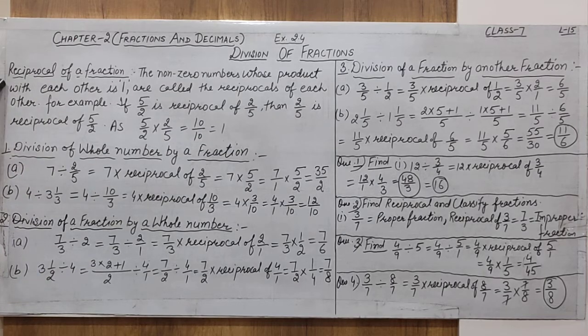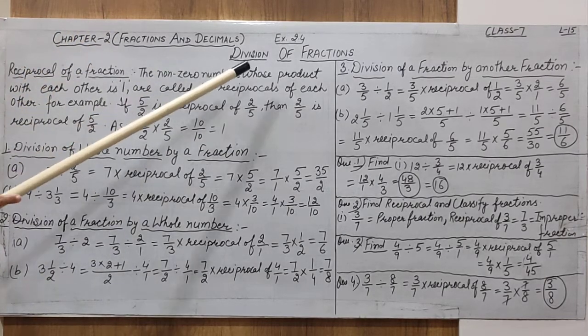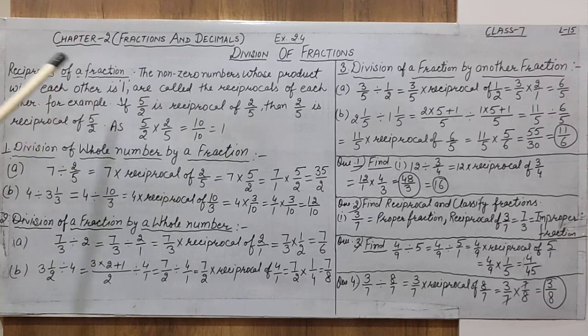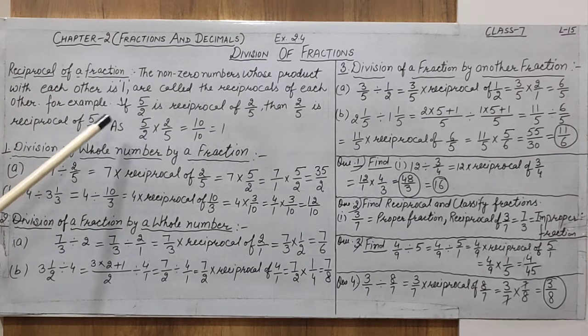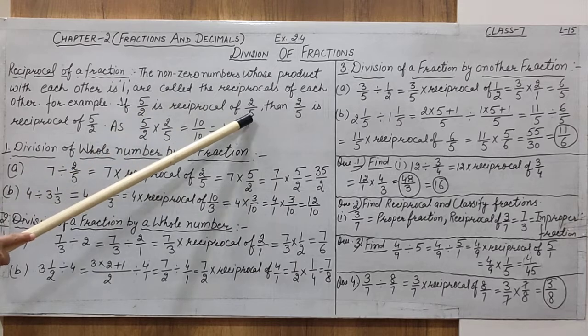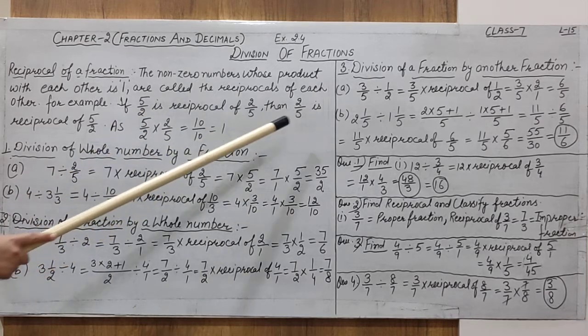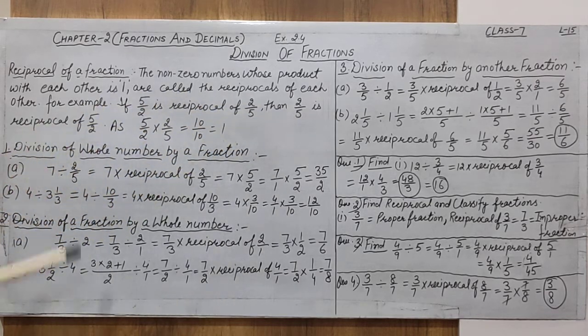But by the definition, only if the non-zero numbers have a product of 1 with each other are they reciprocals of each other. In this example, it is said that 5 by 2 is the reciprocal of 2 by 5 and 2 by 5 is the reciprocal of 5 by 2.